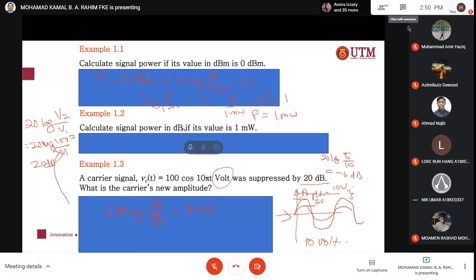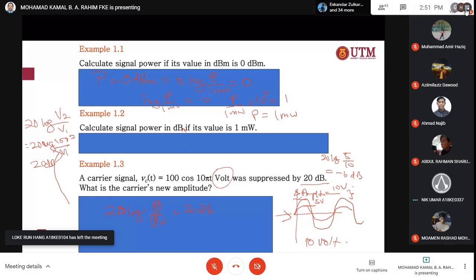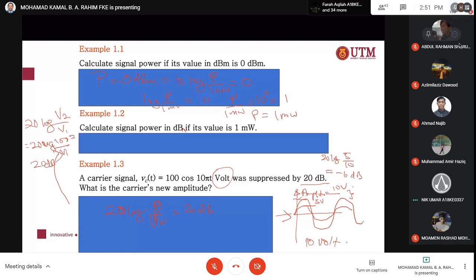So the question is, what is the value that you suppress to get 5 volt? You just take 5/10, multiply by 20 because it's a log. So you get a negative value. It shows that you are suppressing roughly about 6 dB. Okay?